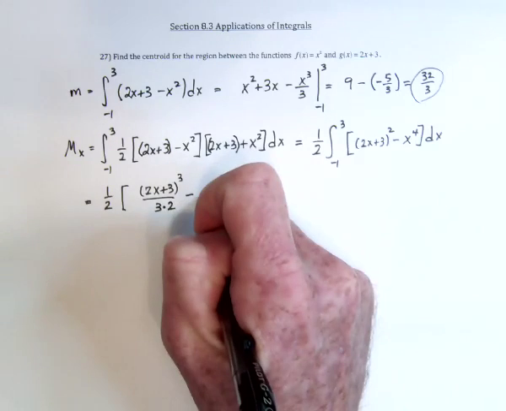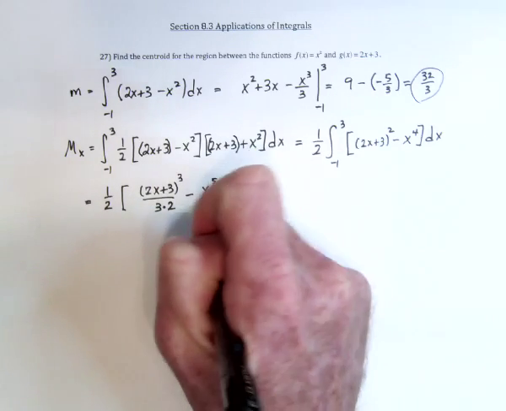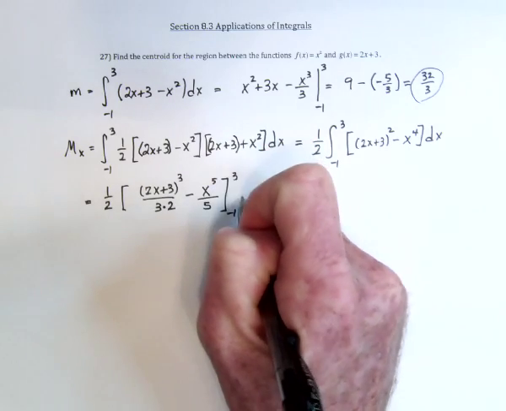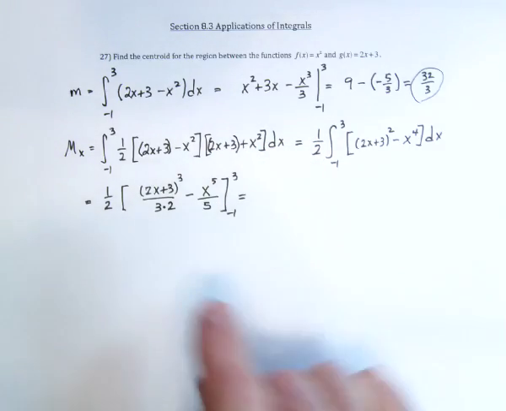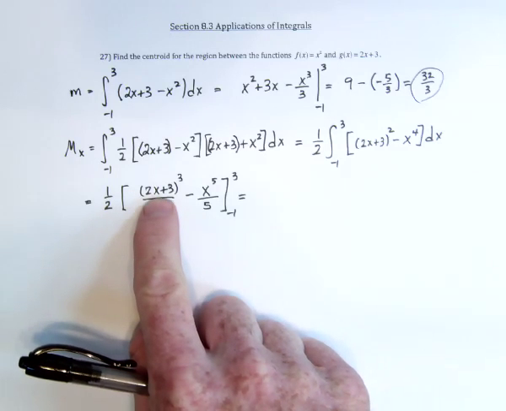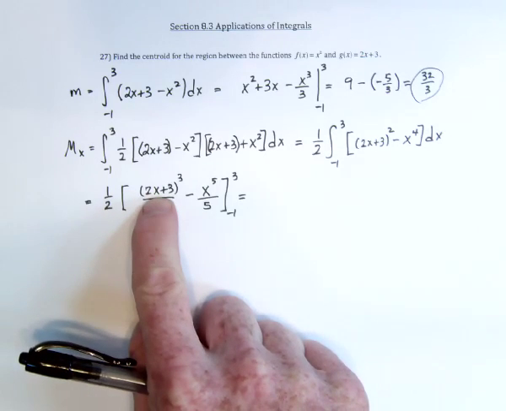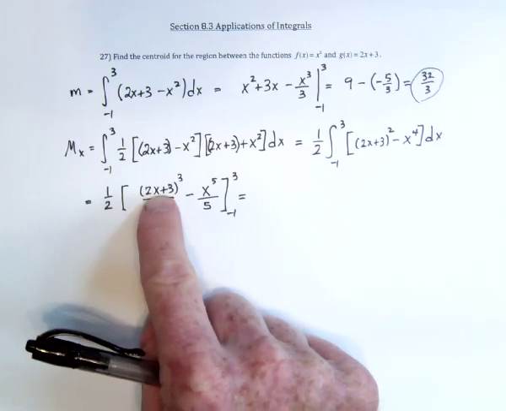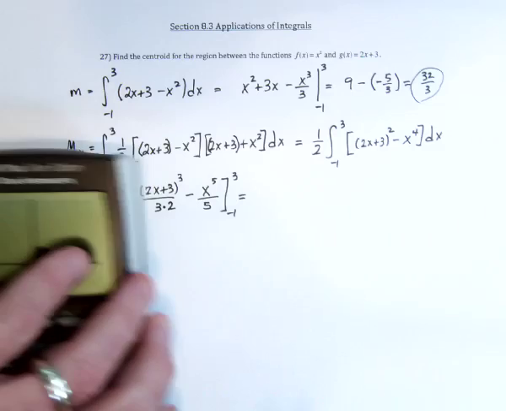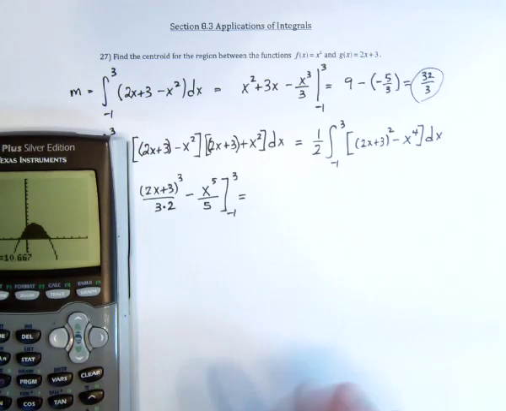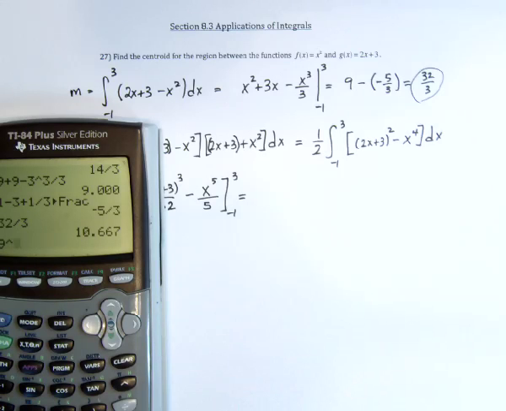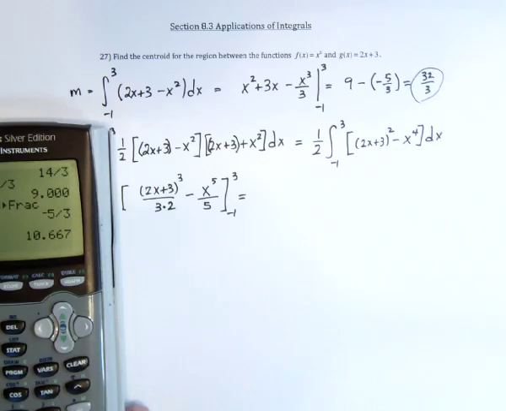And then we've got minus x to the 5 over 5, evaluated from -1 to 3. So in here we're going to have 2 times 3 is 6 plus 3, which is 9. So we've got 9 cubed, and then that's divided by 6.